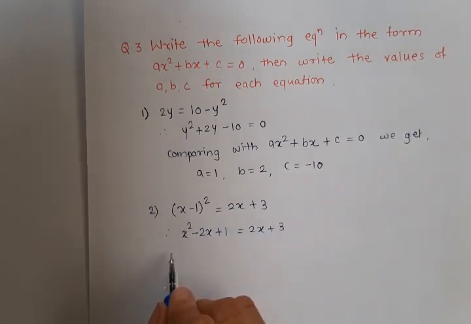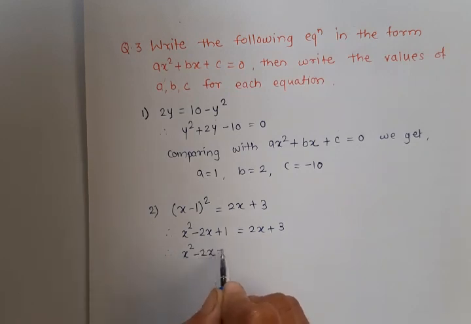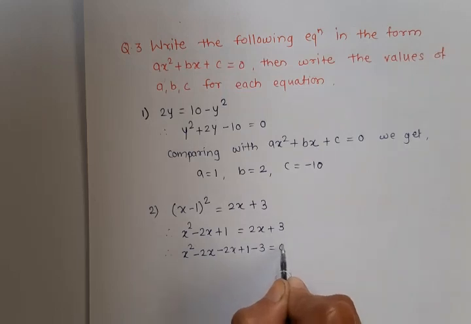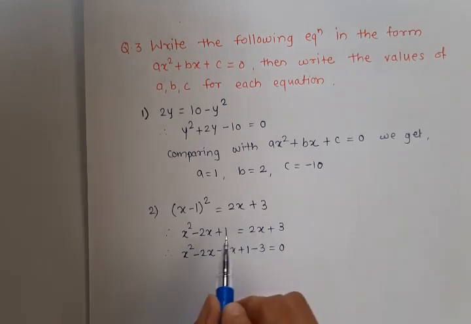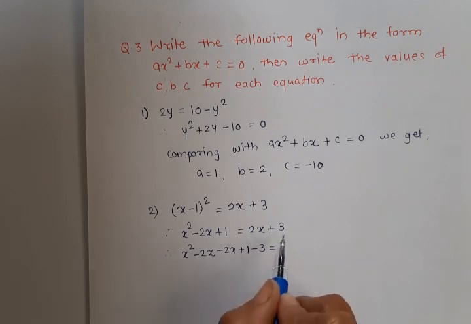Now rearrange the terms. So we get x square minus 2x plus 1 minus 3 equals to 0. Now here 2x plus 3 is on the right hand side. When we are shifting to the left hand side, their signs are changed. Here plus 2x, after shifting it becomes minus 2x. Plus 3 is there, after shifting it becomes minus 3.